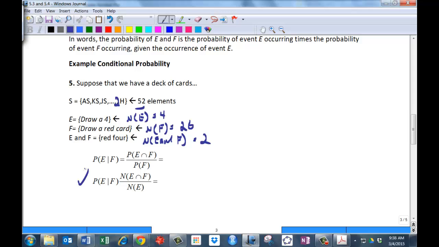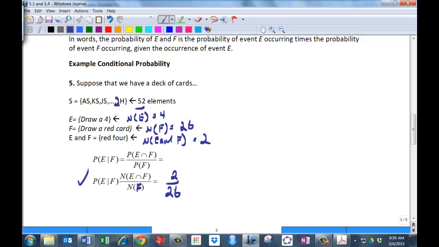So this is the definition really that's preferred. So we just take the number in E and F, which is 2, divided by the number in F. Probability of E given F. Okay, so E and F is 2, and then F is 26, and that's the probability.